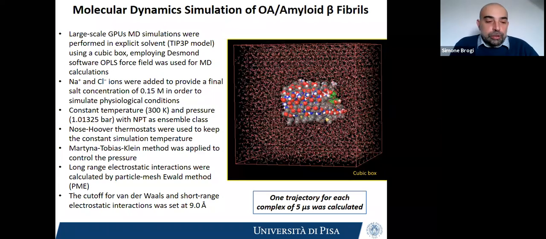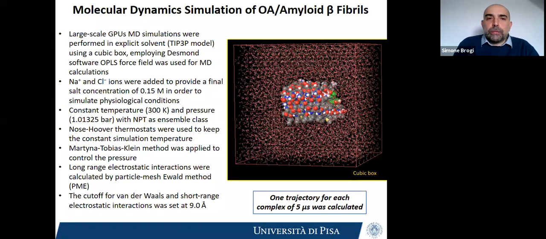For this purpose, we used a molecular dynamics technique called long-time molecular dynamics, using Desmond software, and for this computational approach, the software was combined with different parameters such as the OPLS force field and other parameters for simulating the physiological condition.